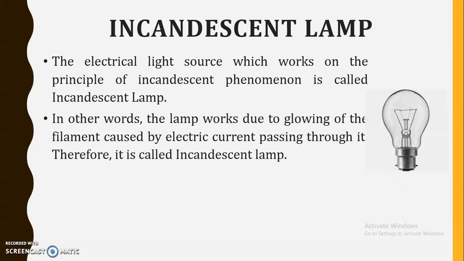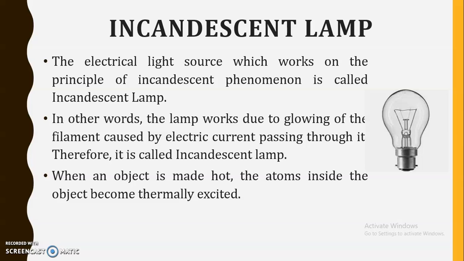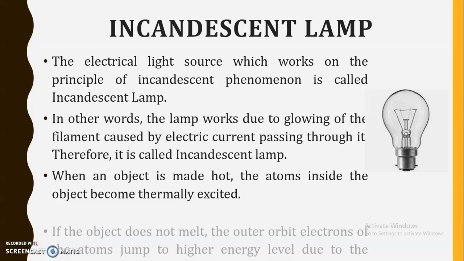The working of this lamp is just like our tungsten lamp, where the filament is heated by supplying energy in the form of electrical energy. When this filament becomes hot, the atoms inside the object become thermally excited.